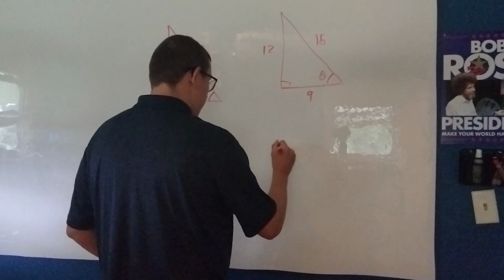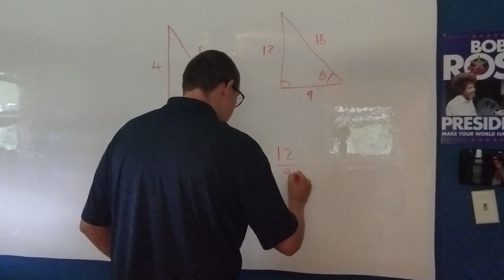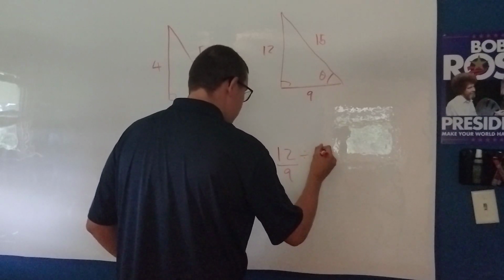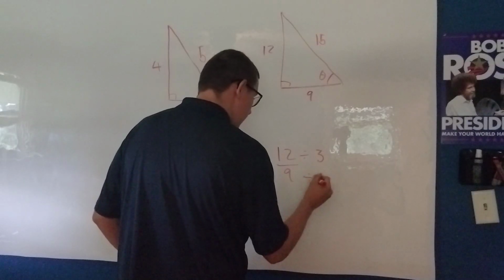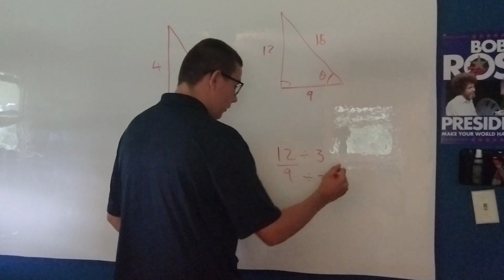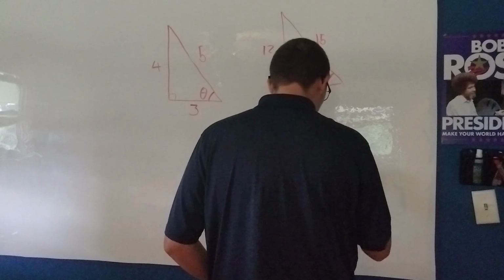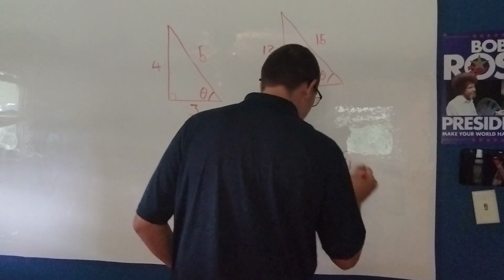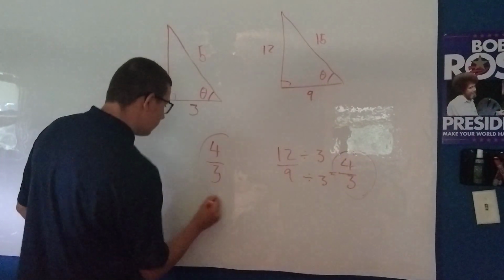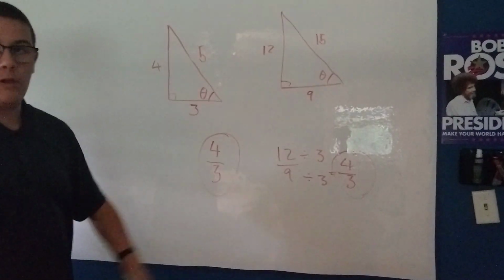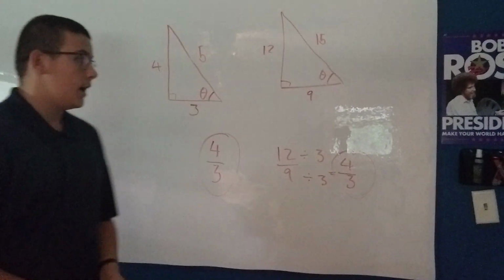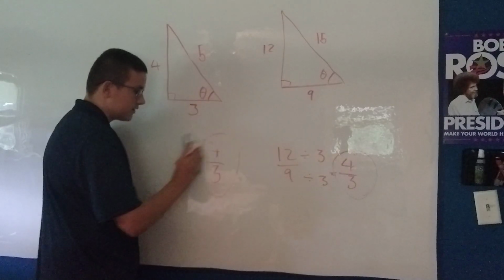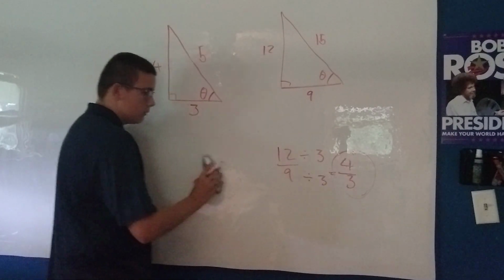And then 12 over 9, if we divide each by 3, that equals 4 thirds. So the ratio will always be the same if you have that scale factor, right?